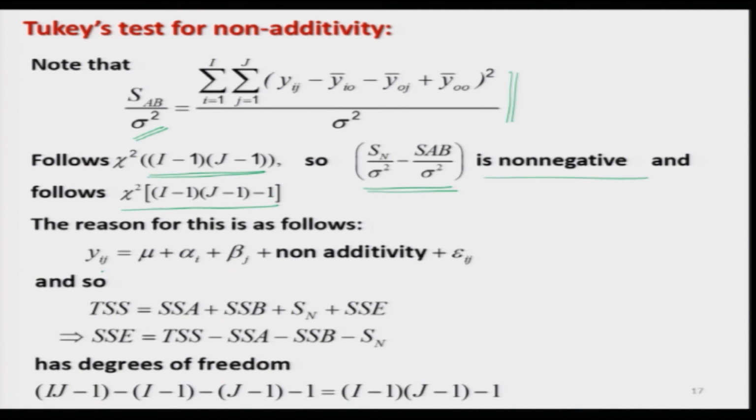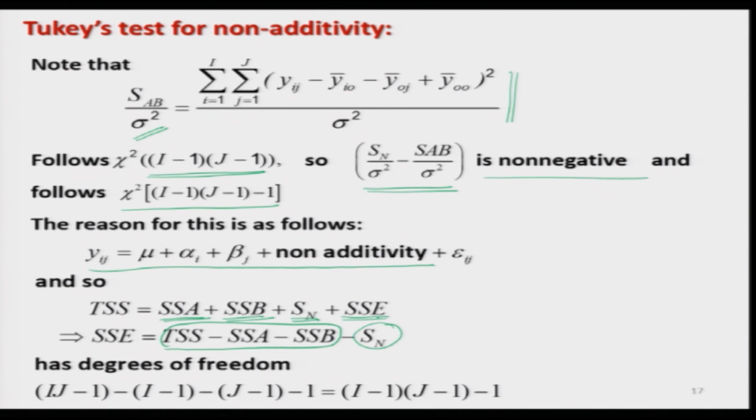You had considered the model y_ij equal to mu plus alpha_i plus beta_j plus non-additivity term plus epsilon_ij, and using the analysis of variance technique, you have considered the total sum of squares and partitioned it into sum of squares due to A, sum of squares due to B, sum of squares due to non-additivity, say Sn, plus sum of squares due to error. So now you can see that SSE comes out to be TSS minus SSA minus SSB minus Sn.